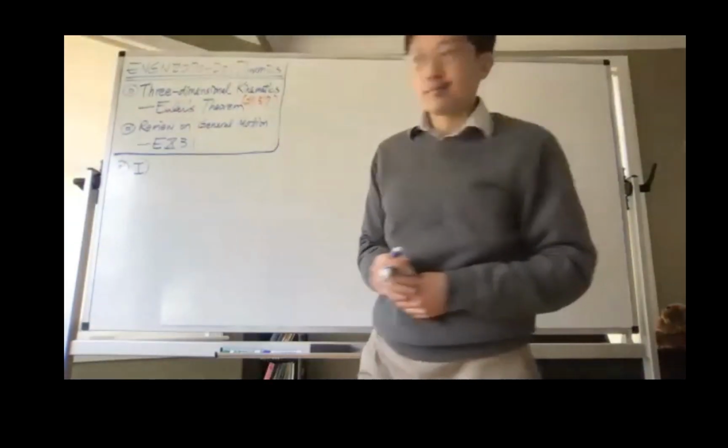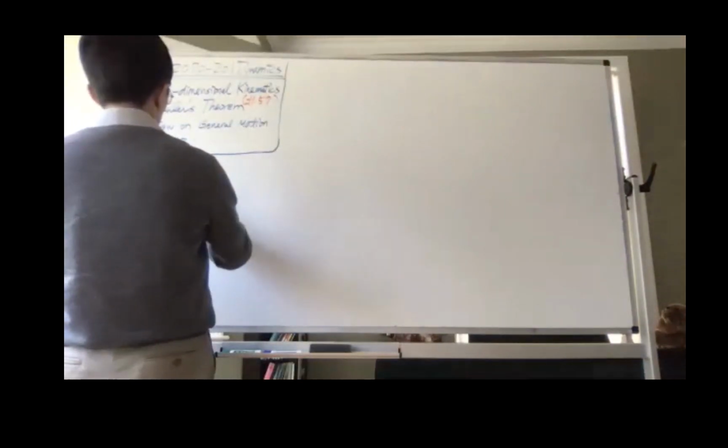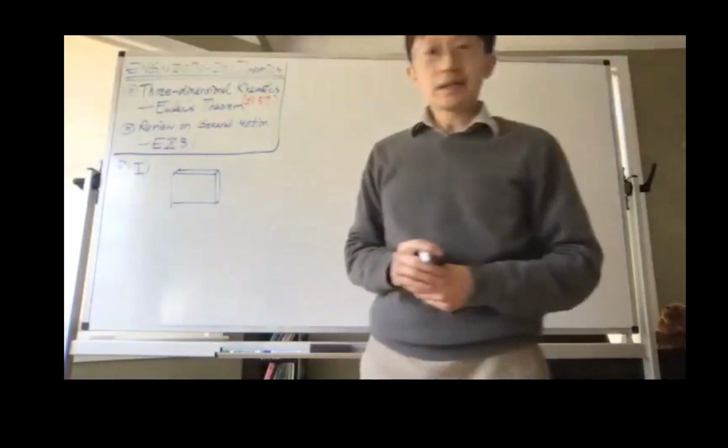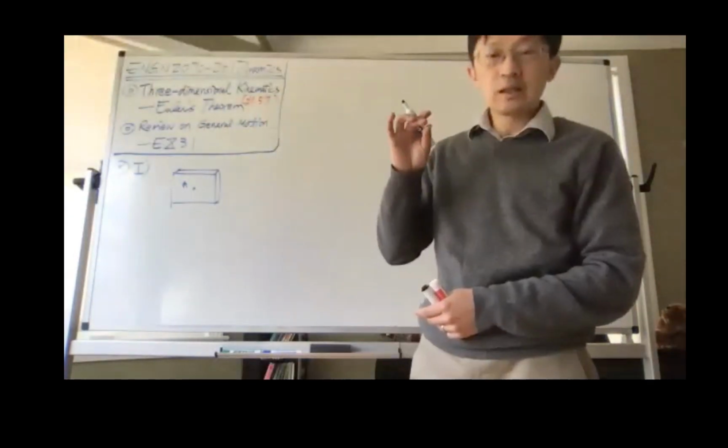Now, let's consider the plate. Suppose we have a plate like this. And let's consider 2 points. One is at the center, so we can call this point A, and another point is at the corner.